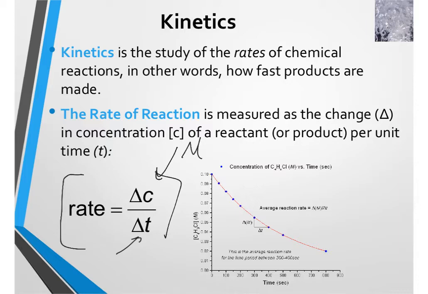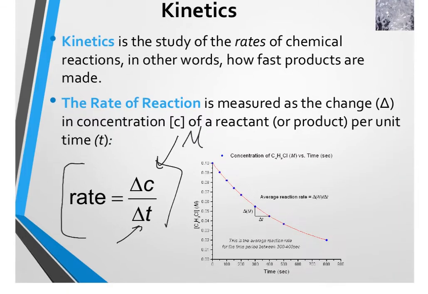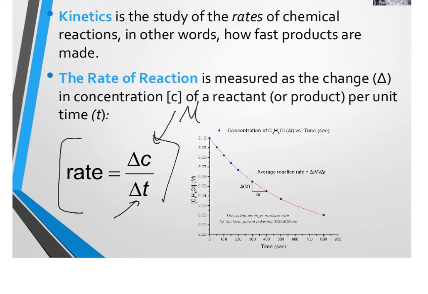And so if you were to plot the change in concentration of any substance, it could be a reactant or a product. Well, in this particular example it is a reactant because its concentration is going down over time, right? It would look something like this. And you could get the rate, the change in concentration over change in time, by measuring the slope of this at any point in time.